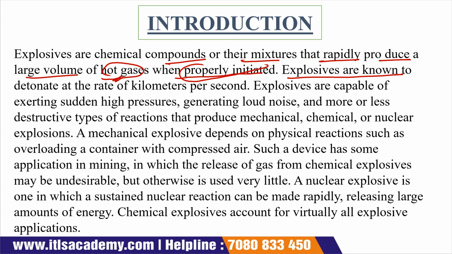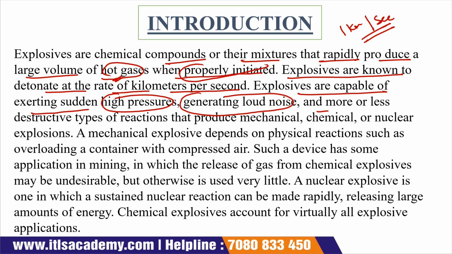Explosives are known to detonate at a rate of kilometers per second. Suppose 1 kilometer per second, for example, it means that the reaction travels around 1 kilometer within 1 second. Explosives are capable of exerting sudden high pressure, generating loud noise, and a more or less destructive type of reaction.